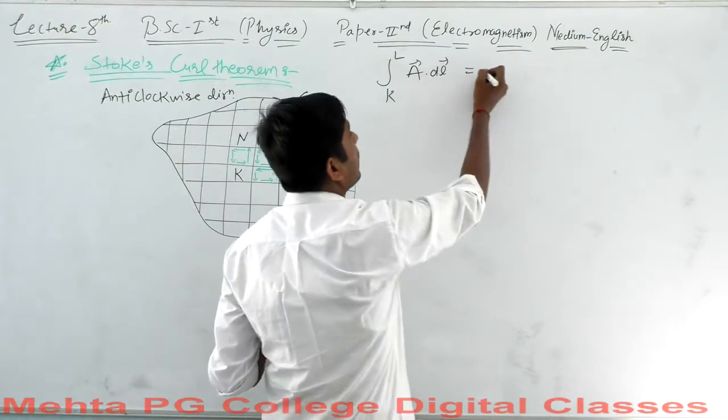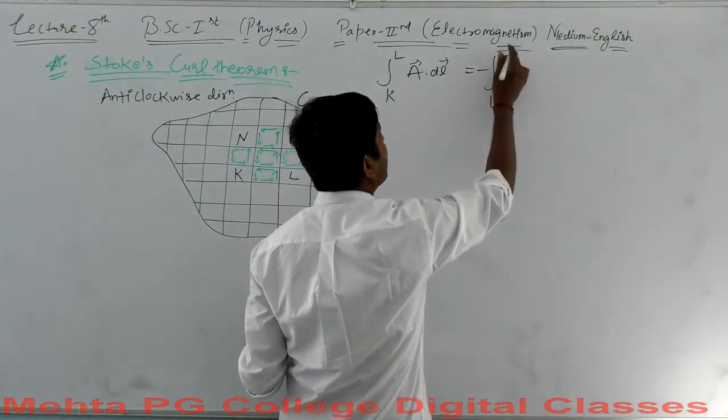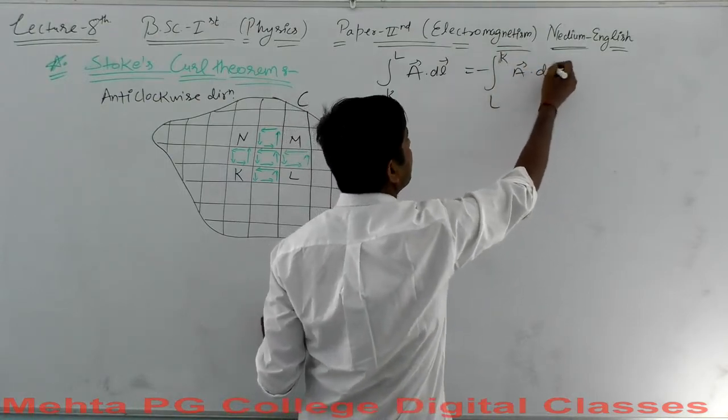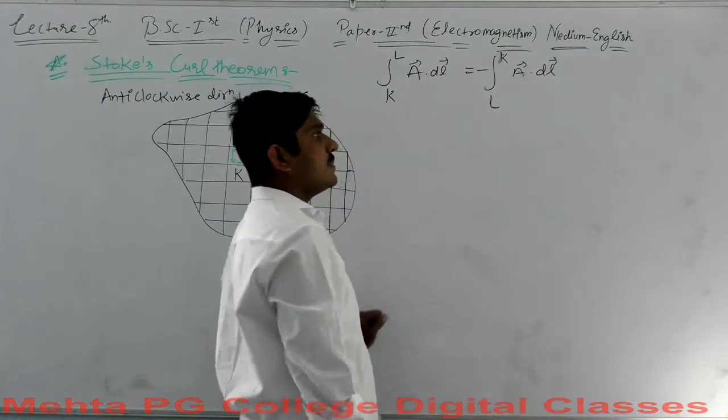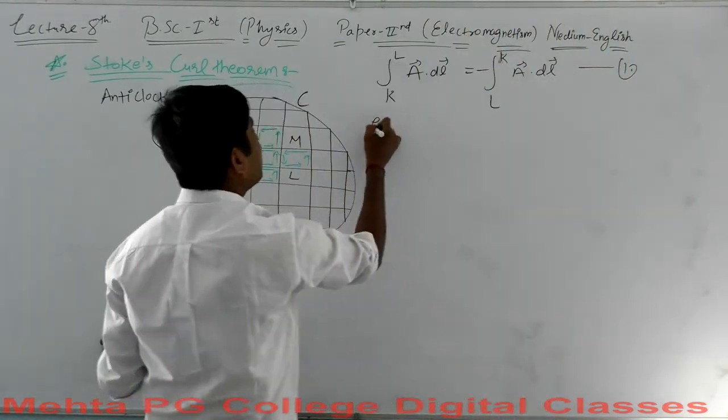It will equal the negative of the path followed by traveling the distance L to K, the same vector quantity. This is equation 1.